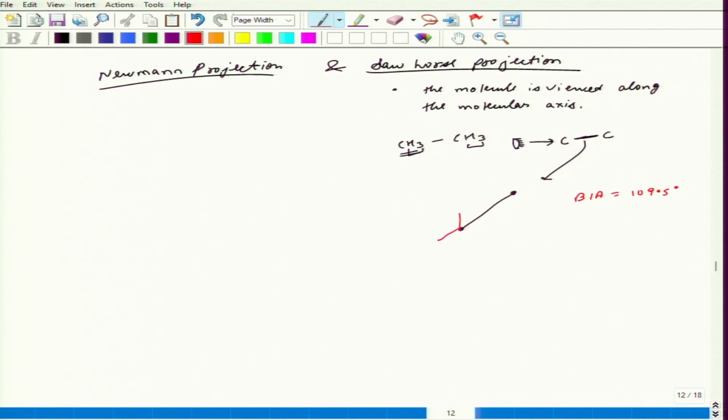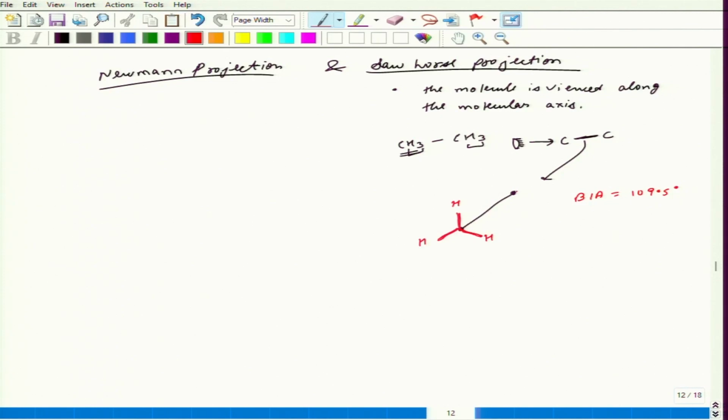One is going upside, one is going on the left side, and one is going on the right side, and the C-C bond is towards the back side, along the molecular axis. The back carbon is going on the upper side, and these three lines represent the three hydrogens present.